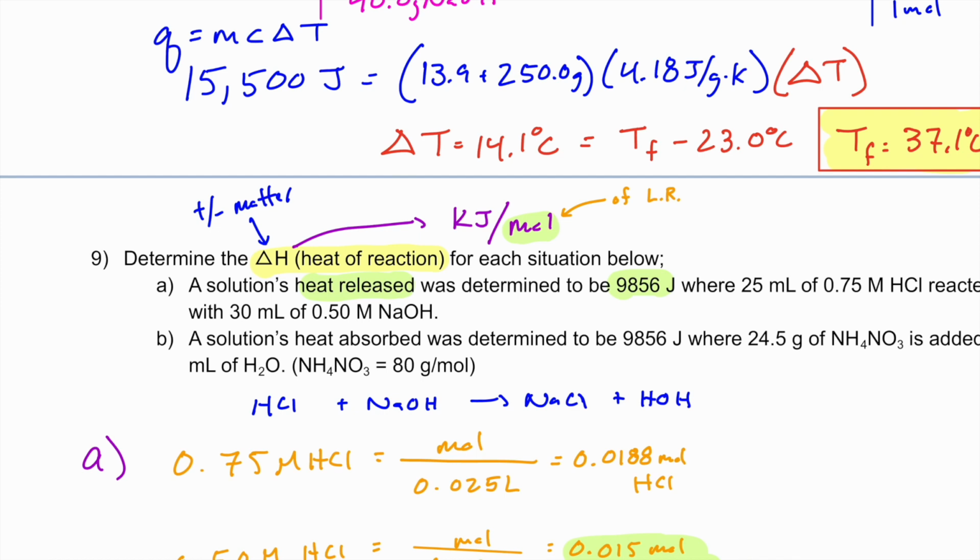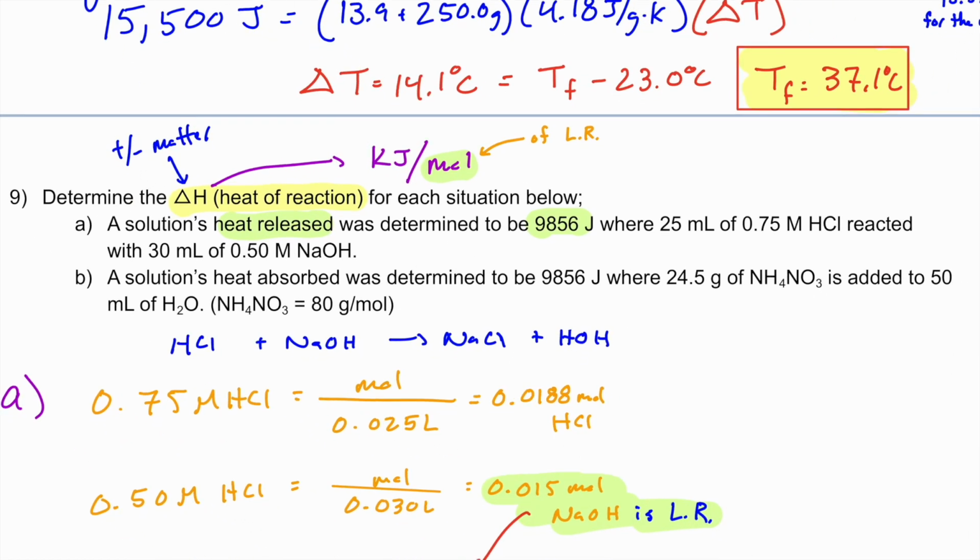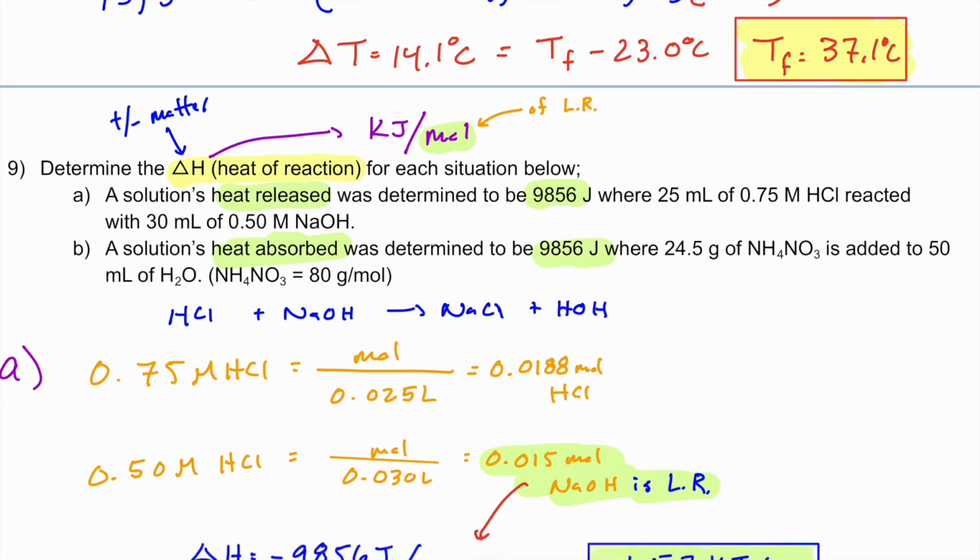All right, last problem. It says a solution's heat absorbed, so that's kind of important, was determined to be 98.56. Same thing, where 4.5 grams of ammonium nitrate is added to 50 mL of water. All right, so what does that look like?